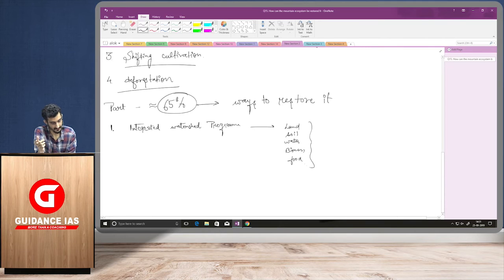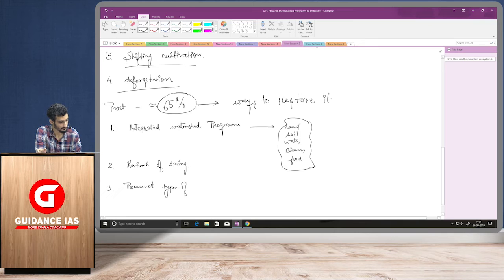So all these things are being dealt with on an integrated basis. Second, revival of springs. Third, permanent type of cultivation.